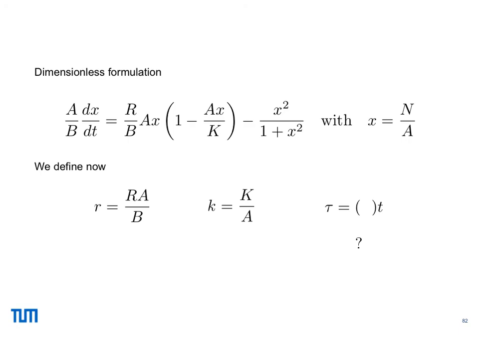If I just do this, remember that this is actually very important. We will do this many times. So if you remember from before, we have dx dt is equal to dx d tau dt, and remember that we have defined a dimensionless time as t over a characteristic time t.